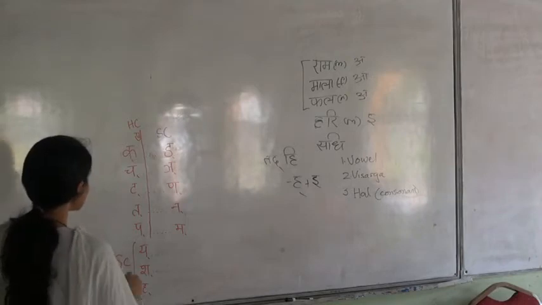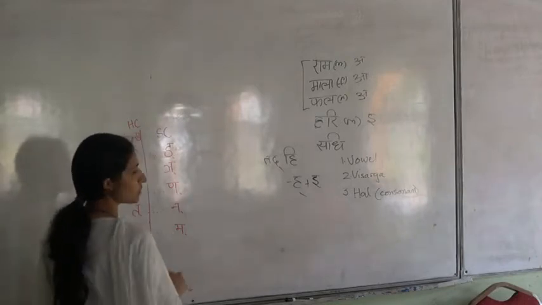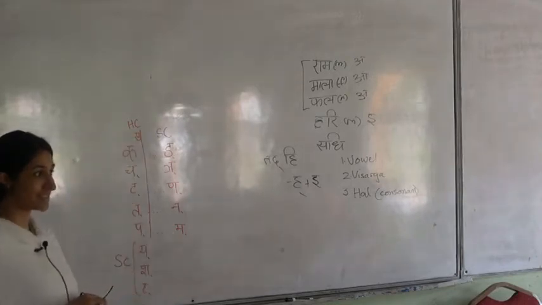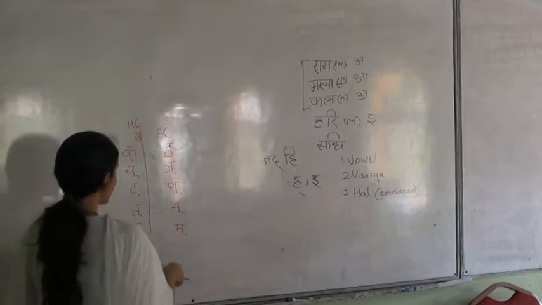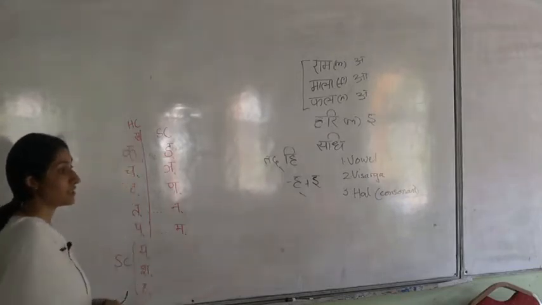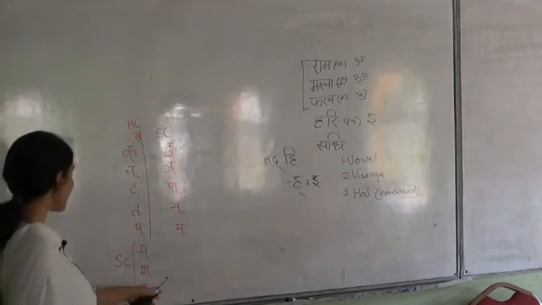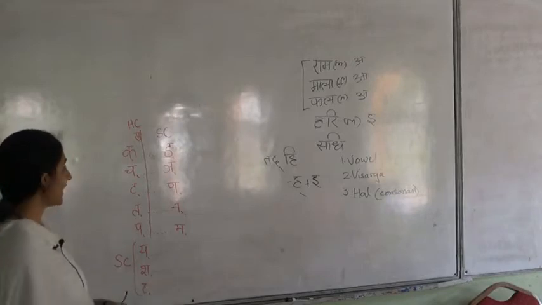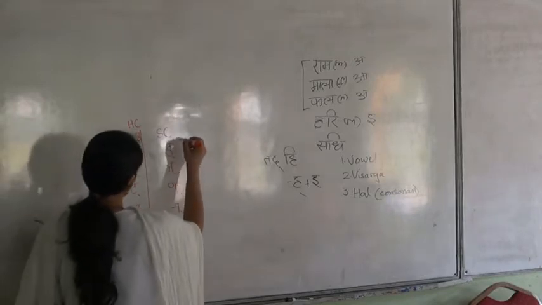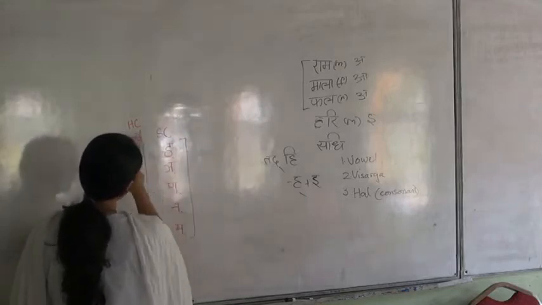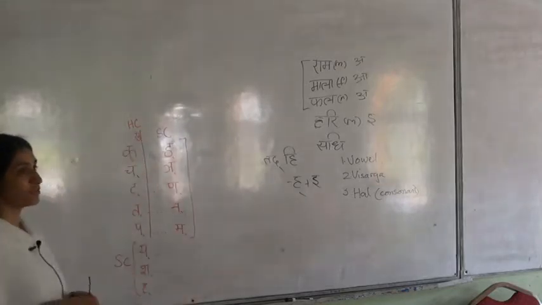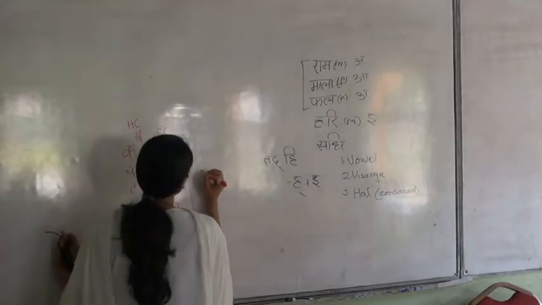Now, these ya ra la va are also called semi-vowels. Right? The sha, sa is called sibilants. And the ha is called aspirate. Right? What about all these ones? Ka up to ma. Do you know those ones are actually called class consonants?